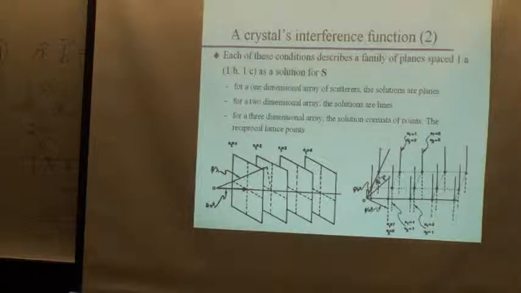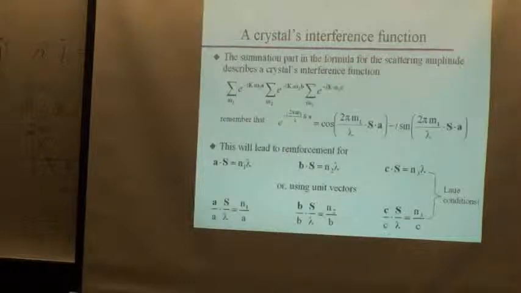Now, guess what holds true for the second direction? What's going to be the solution of that one? Could it be a series of planes in the b direction, spaced 1 over b apart? Should be, right? Because this is once again a unit vector. You can take the projection of this vector onto it.